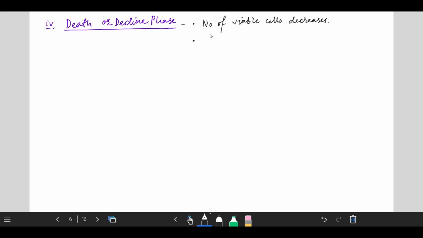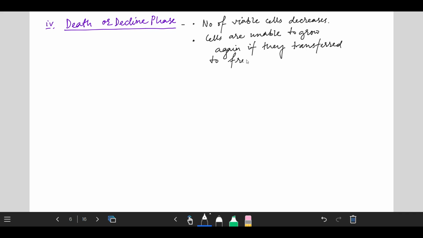So cells are unable to grow again if they are transferred to fresh culture medium. Okay.